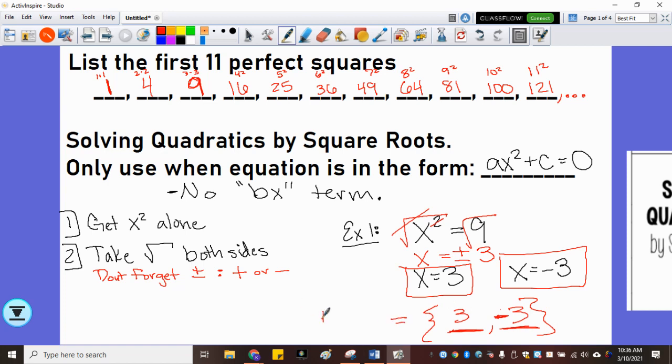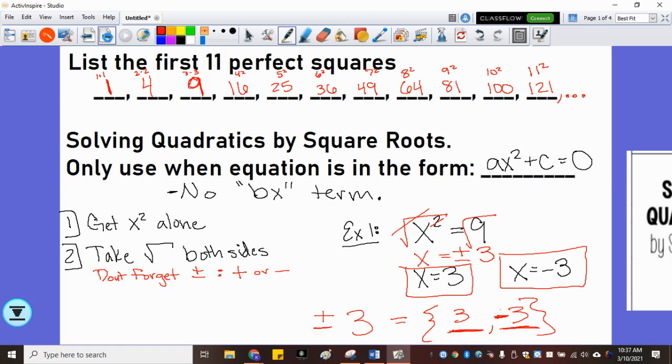Or you can see on Delta Math plus minus 3. So that's to say a positive 3 and a negative 3. Just so you know, it looks like you're underlining. I know. It just means positive or negative. There's 2 answers there.